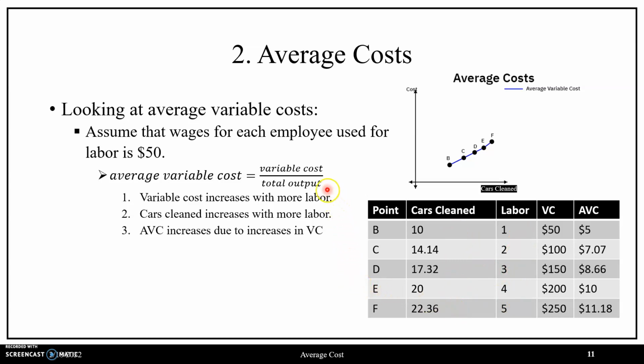So what we then have is a denominator that's increasing and a numerator that is increasing as well. But due to diminishing returns on labor, the increases in variable cost will outweigh the increases in total output. So with the numerator dominating in terms of its rate of change, we'll have an upward sloping average variable cost curve as we see.